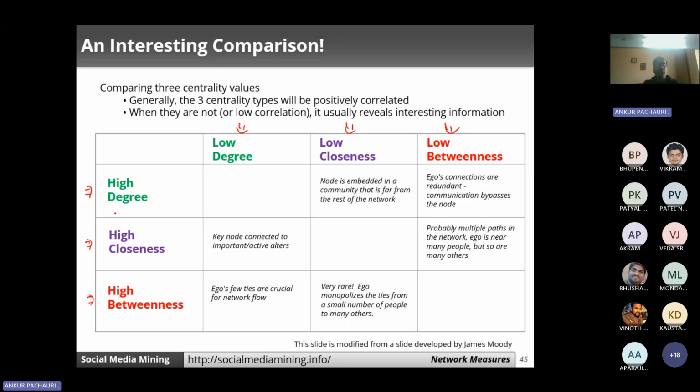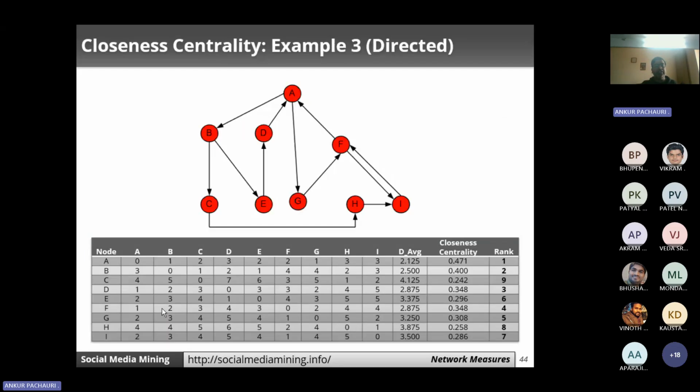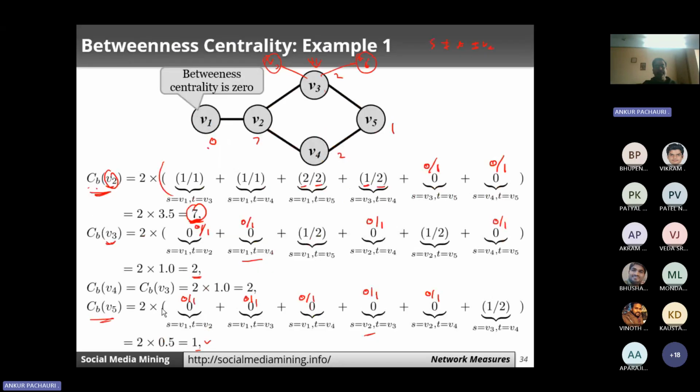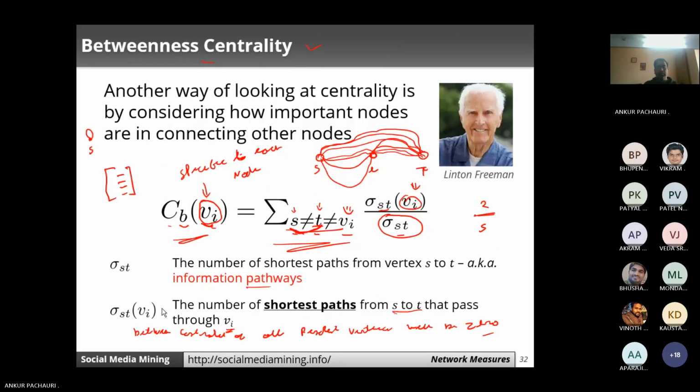Degree centrality talks about the neighbors, incoming neighbors. Closeness centrality talks about how close you are in terms of reachability. And betweenness centrality talks about how important you are in other decisions. If somebody is deciding something, how important are you in those decisions?